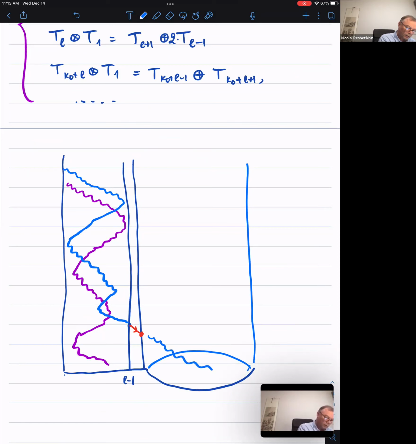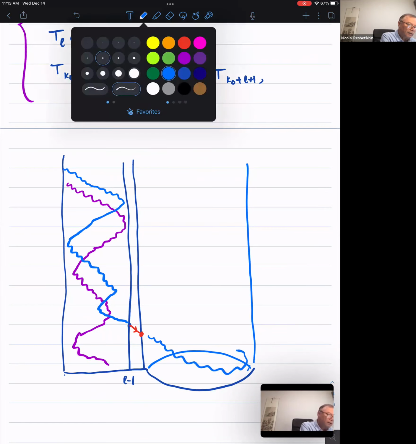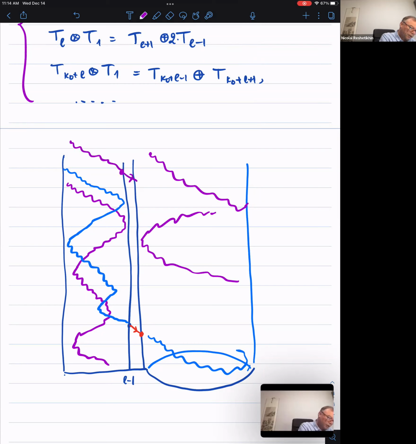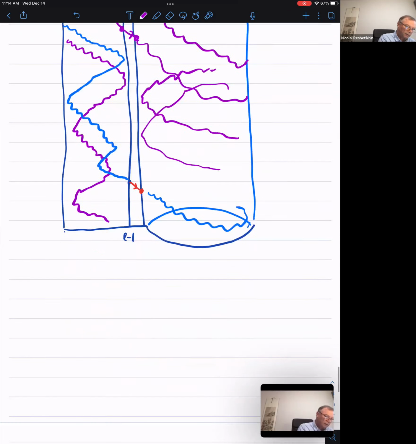You're wandering around here, and say if by any chance you consider not tensor products of two-dimensional representations, but you start from this point, then you're wandering on this cylinder and you never go to the semi-simple part. And if you start from the semi-simple part, you cross to the cylinder, you move along the cylinder, you never go back.